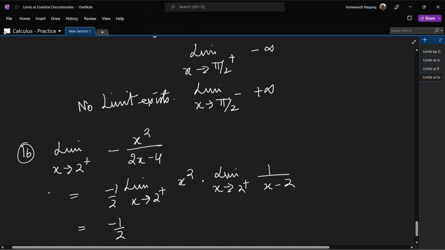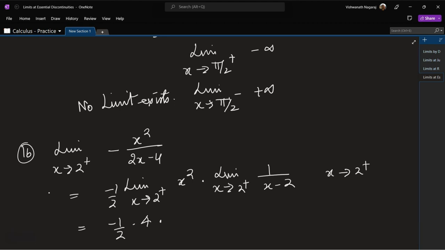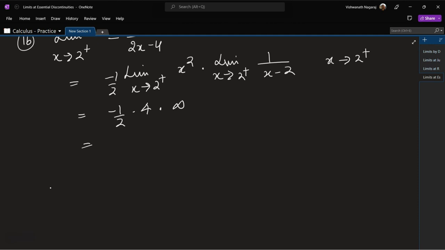Here we can do direct substitution on the first part: 2 square is 4. And here x approaches 2 from the positive side, that means 2.01 minus 2 is going to give us a very small positive number. So that means this is going to be infinity, and anything multiplied by infinity is infinity.